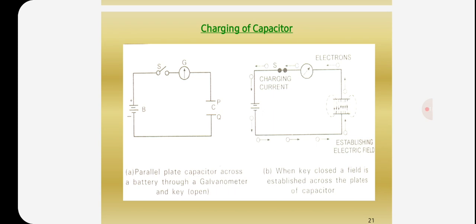Suppose the charge on each plate A and B is Q coulombs. The charge Q on each plate is directly proportional to the potential difference between the two plates, that is, Q is directly proportional to V. Since capacitors have the ability to store charge, they are also a source of electrical energy.